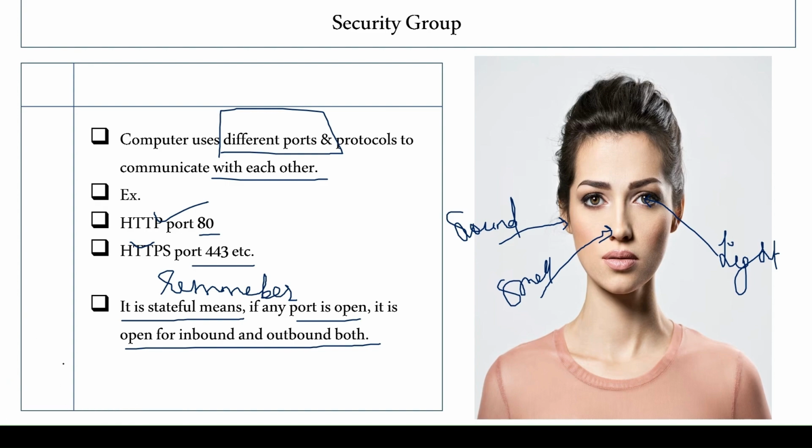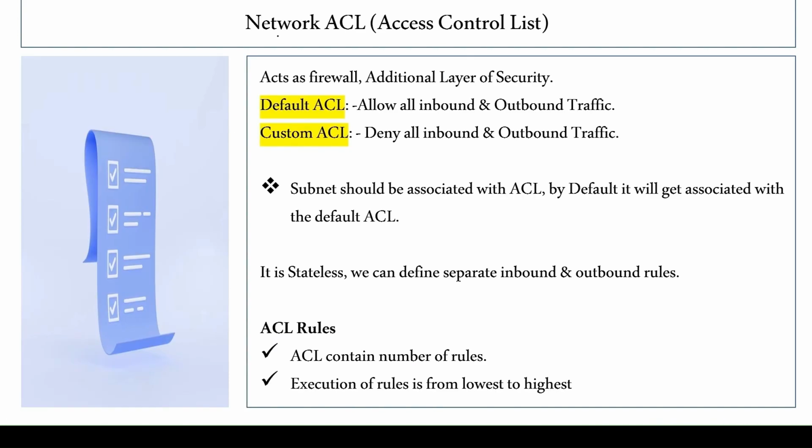Stateful. Now moving to the network ACL, or access control list. This also acts as a firewall, and it is an additional layer of security. We have two types of ACL: one is the default ACL and one is the custom ACL. The default ACL allows all the traffic by default, but the custom ACL denies all inbound and outbound traffic by default.